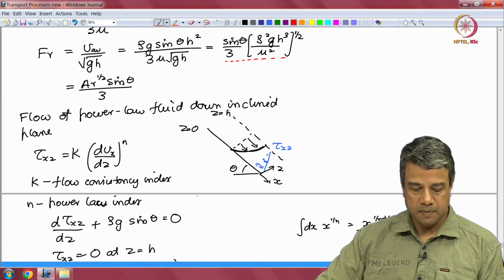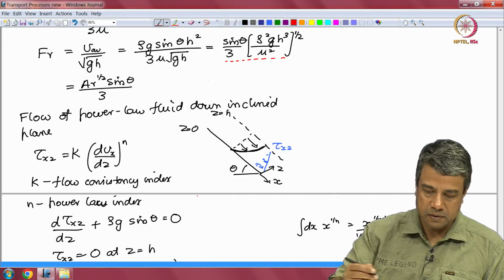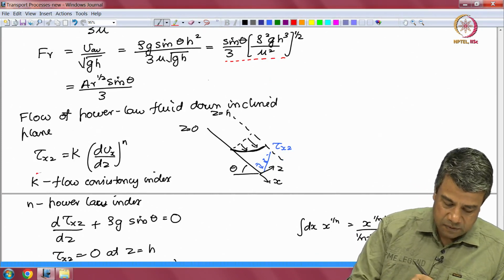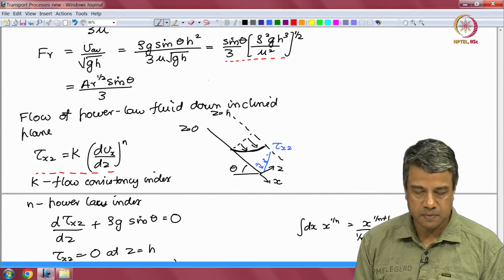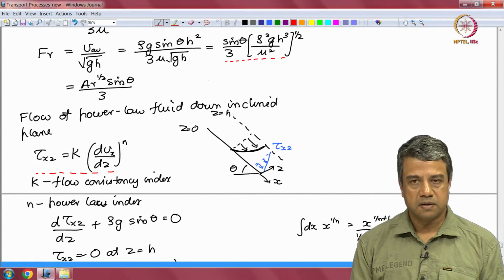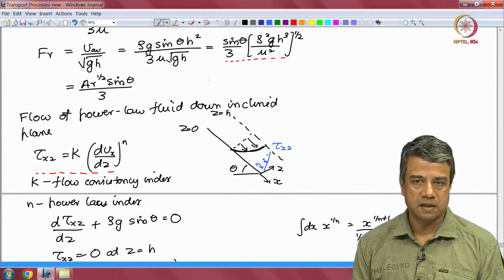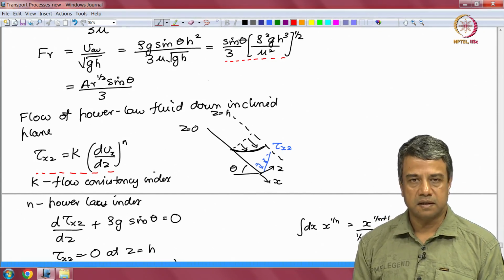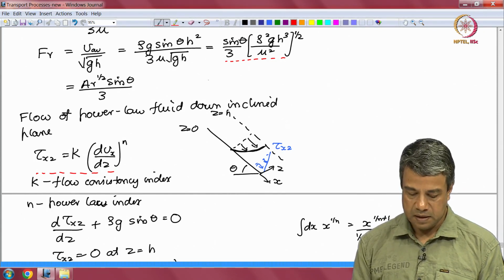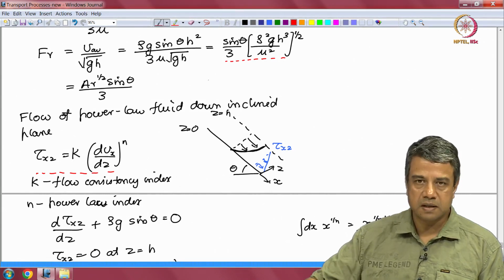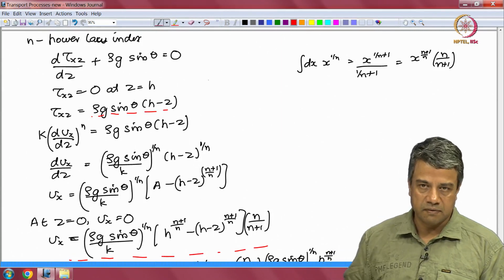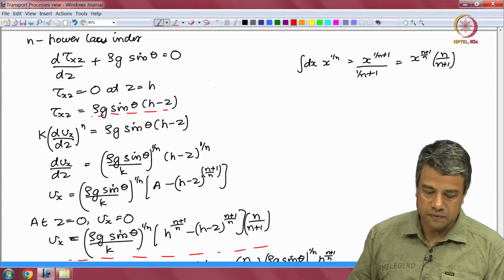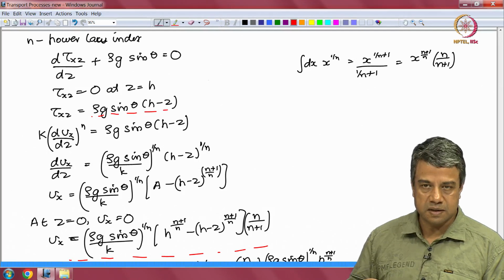A slightly more complicated example, flow of a power law fluid, where K is the flow consistency index and N is the power law index. Therefore, the relation between the shear stress and the velocity gradient is nonlinear. Nevertheless, the balance equation in terms of the shear stress is exactly the same. The derivative of the stress plus the body force density equals 0.